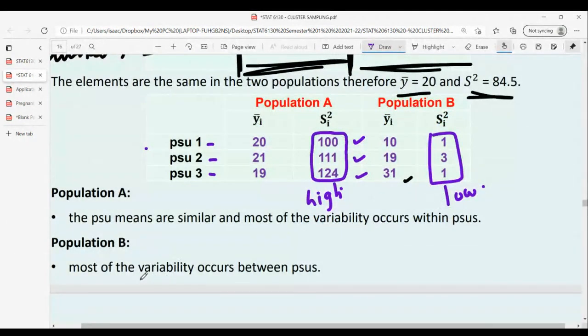In population B, most of the variability occurs between clusters, and you have little variability within. In population A, you have a lot of variability within, but minimal variability between.